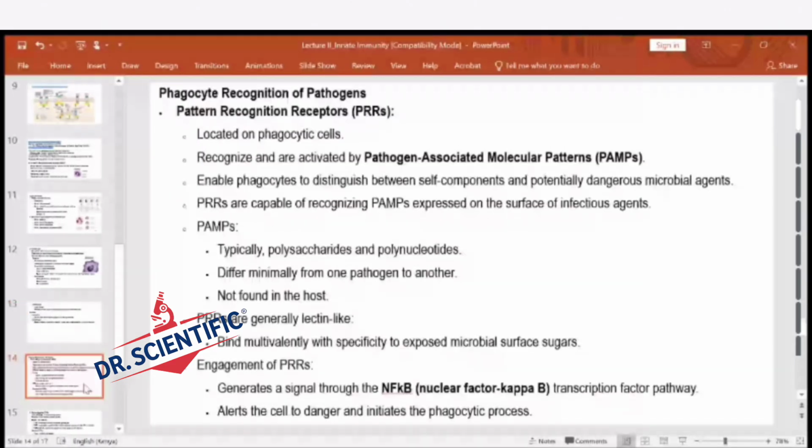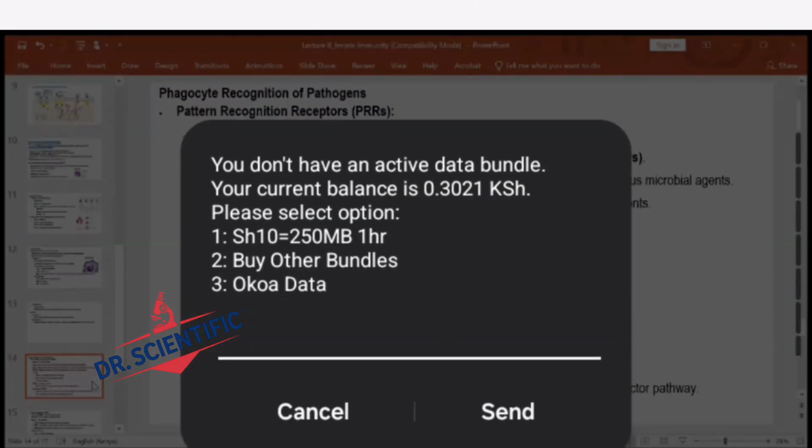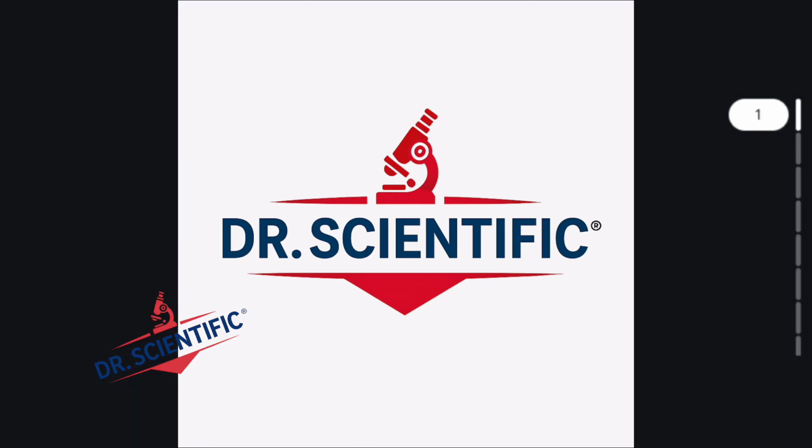Now I want us to go back to the PRRs in a bit of detail because they are key signals in terms of phagocytosis. We looked at phagocytic cells, and the main phagocytic cells here are neutrophils and macrophages. These cells of the innate immune system are going to trigger a reaction that eventually ends up being phagocytic.